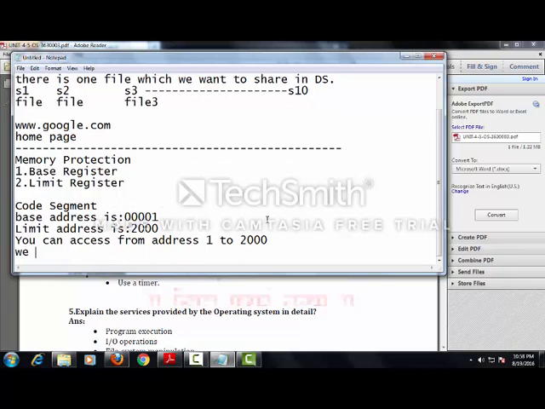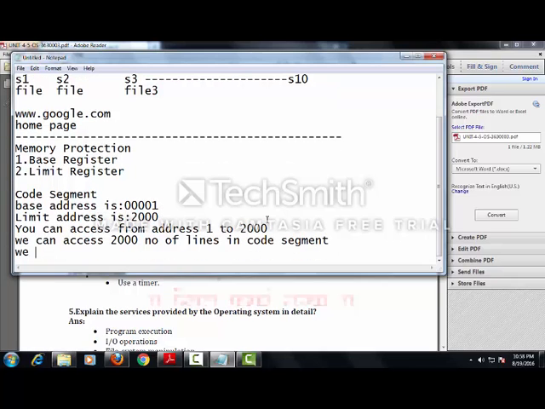That means we can access 2000 lines in the code segment. We cannot access line number 2001.